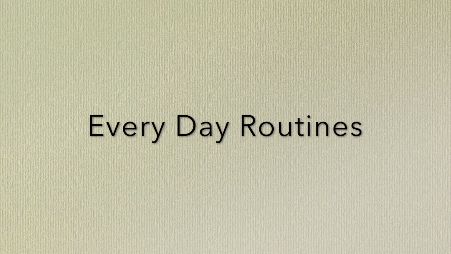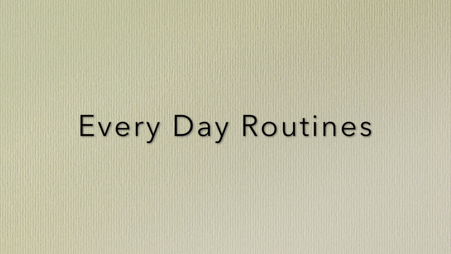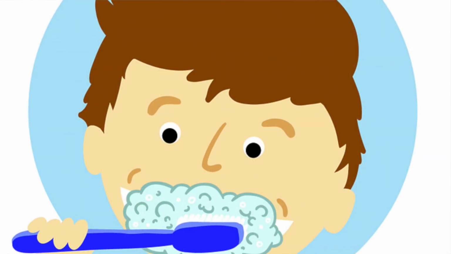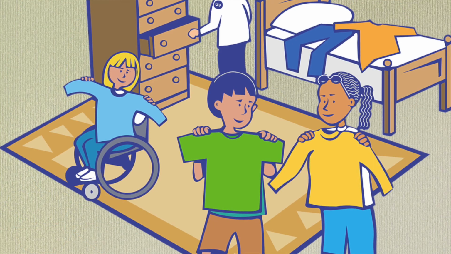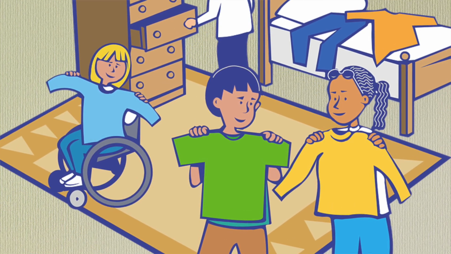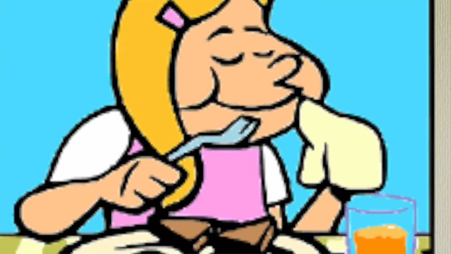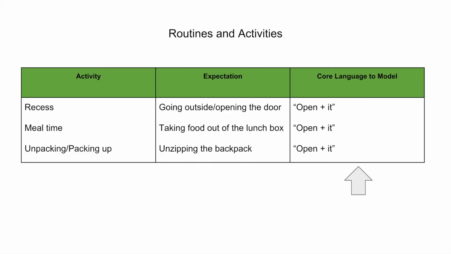How can you incorporate core vocabulary into everyday activities and routines? Everyday routines provide a particularly rich learning context for individuals learning to associate these core words within their environment. So instead of only teaching a phrase, like open it, during a specific activity, we can make the phrase open it a part of many different activities that occur across the day.